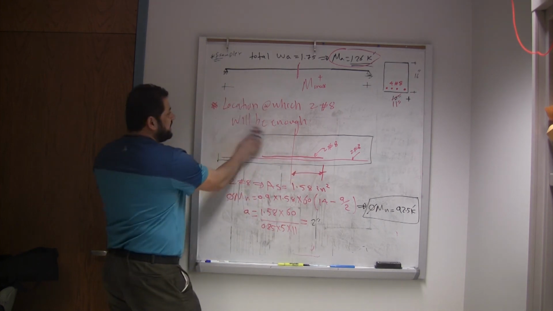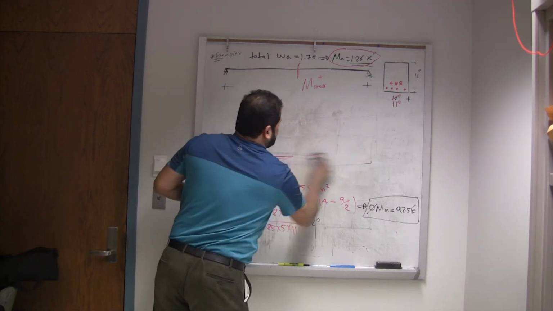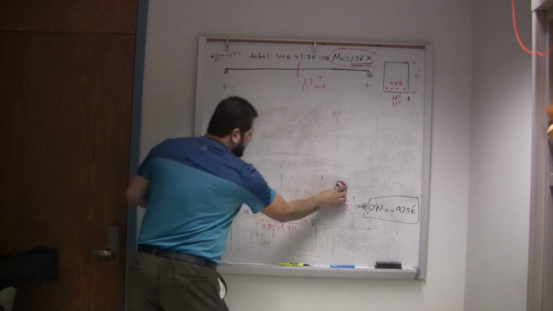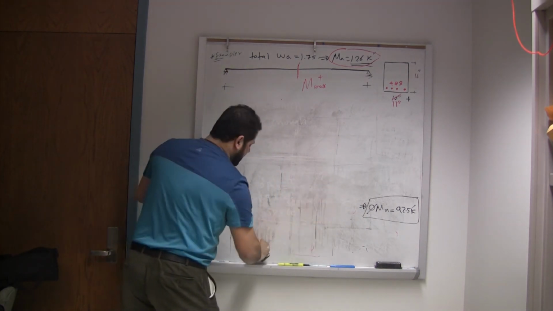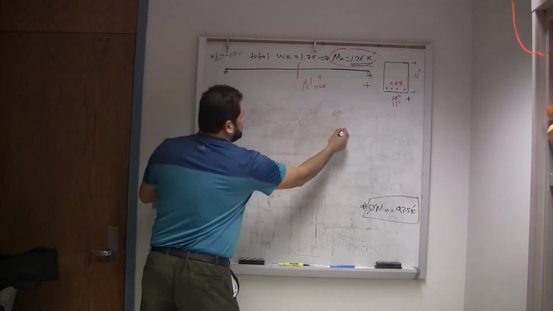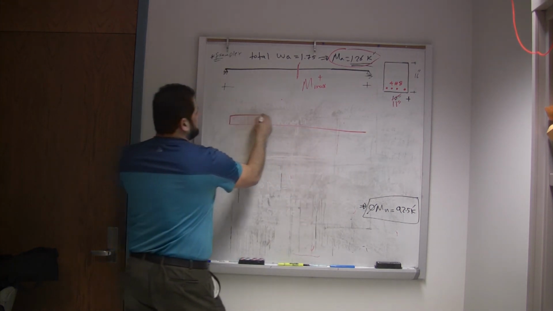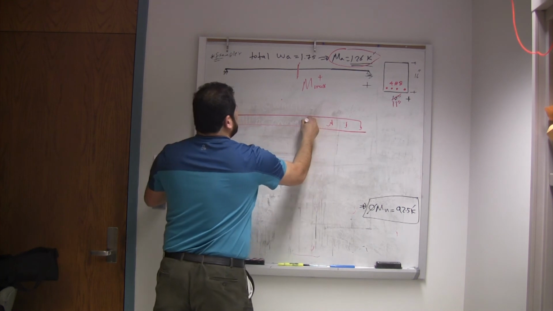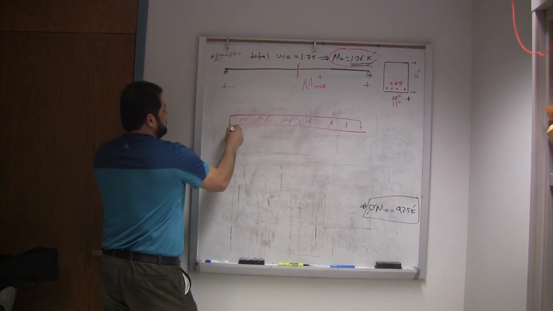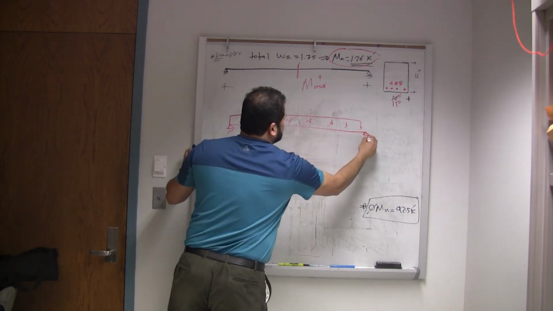So from your structural analysis, from the moment diagram, if you can tell the location of the moment, this is how the moment diagram looks. This is the loading. This is W ultimate. How much is W ultimate?